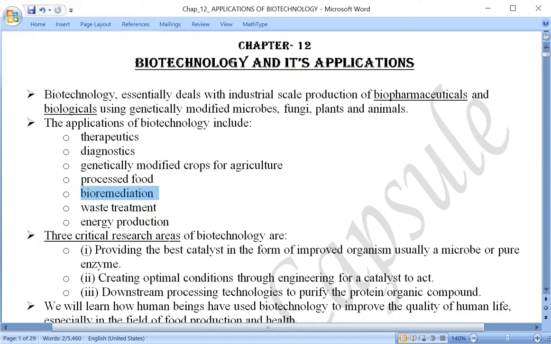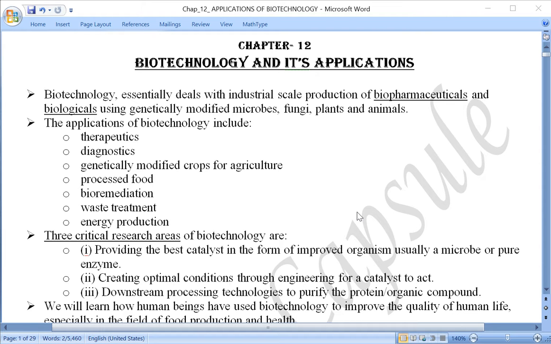Bioremediation. This deals with environmental problems. Some pollutants have already been added into the environment, let us say in water or in air. Now how can we get rid of these pollutants, and of whatever changes have already taken place due to pollution? How can we get back the original or better environmental conditions?